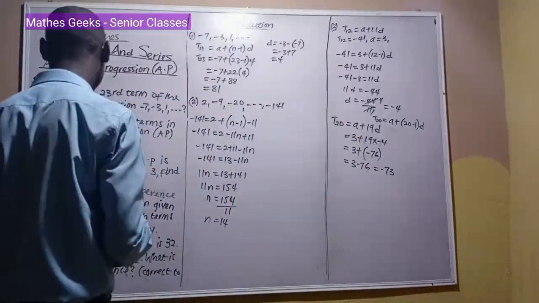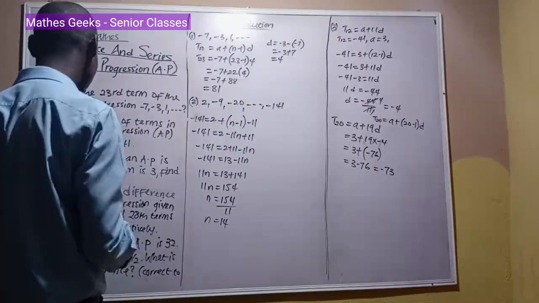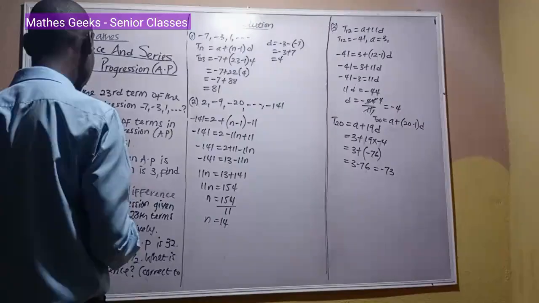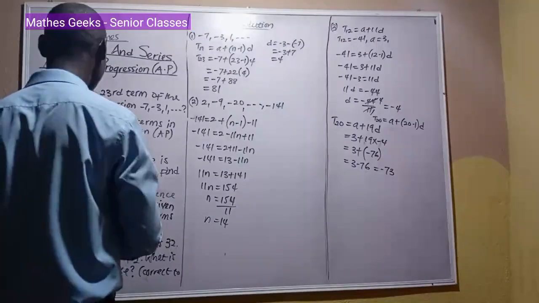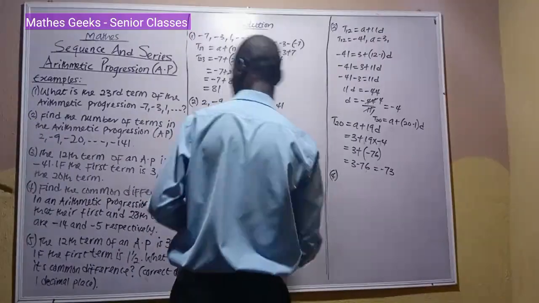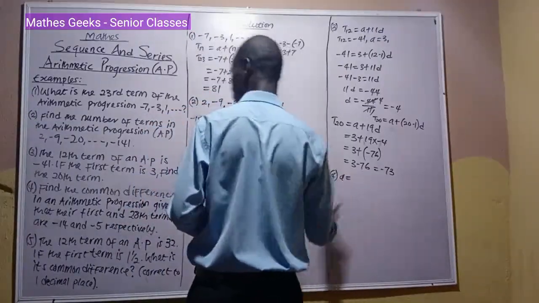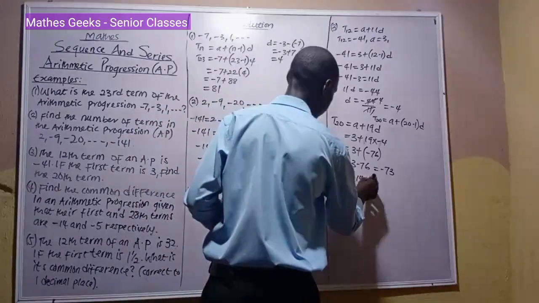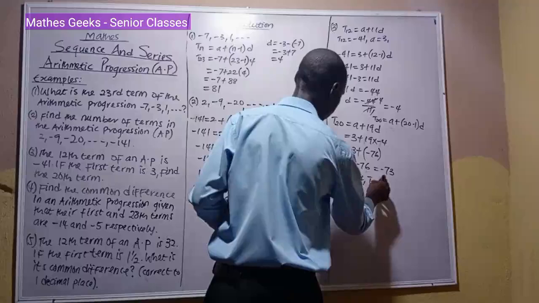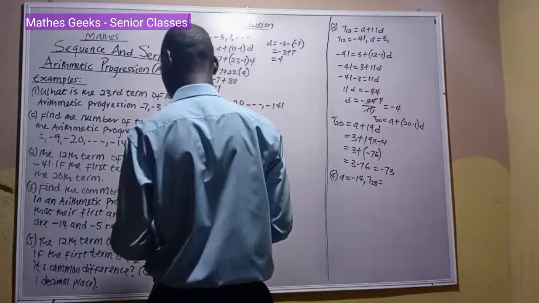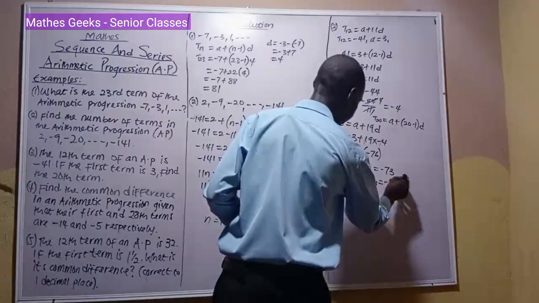Number 4. Find the common difference in an arithmetic progression given that the first and 28th terms are minus 14 and minus 5 respectively. So we have to look for the common difference. The first term is minus 14, and the 28th term T28 is minus 5.